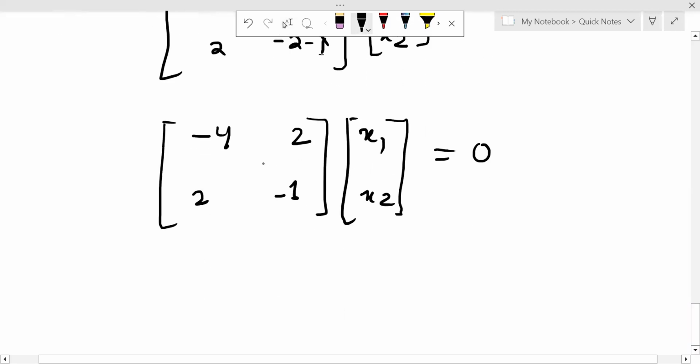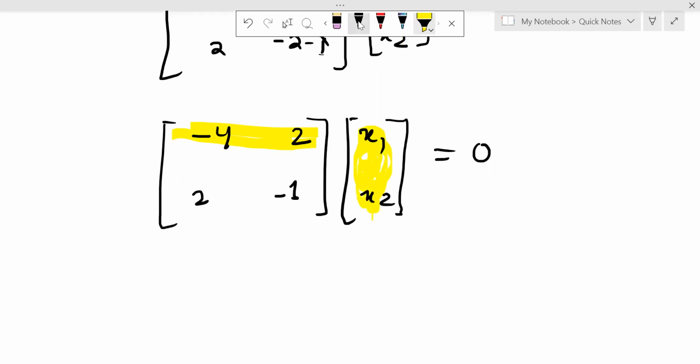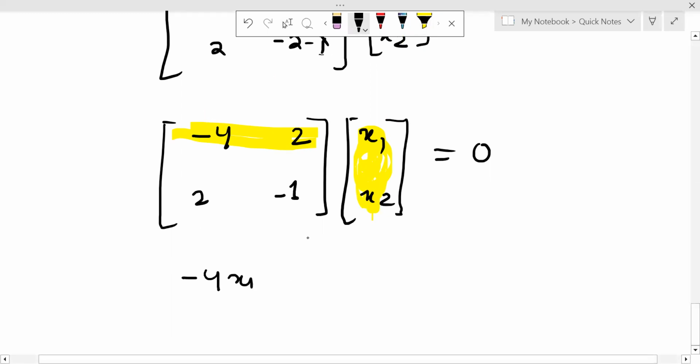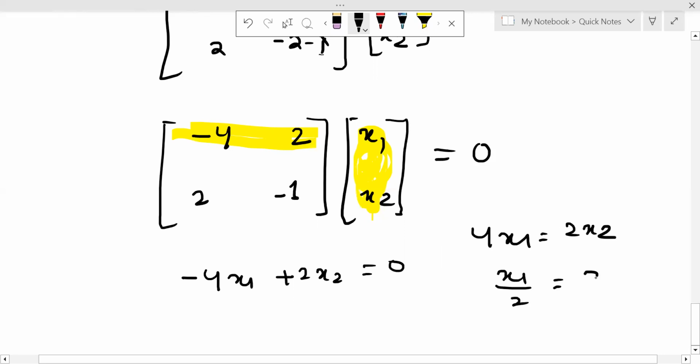Multiply the first row with this column and the second row with this column. The result is -4x1 plus 2x2 equal to 0. Then 4x1 is equal to 2x2, so x1 by 2 is equal to x2 by 4.